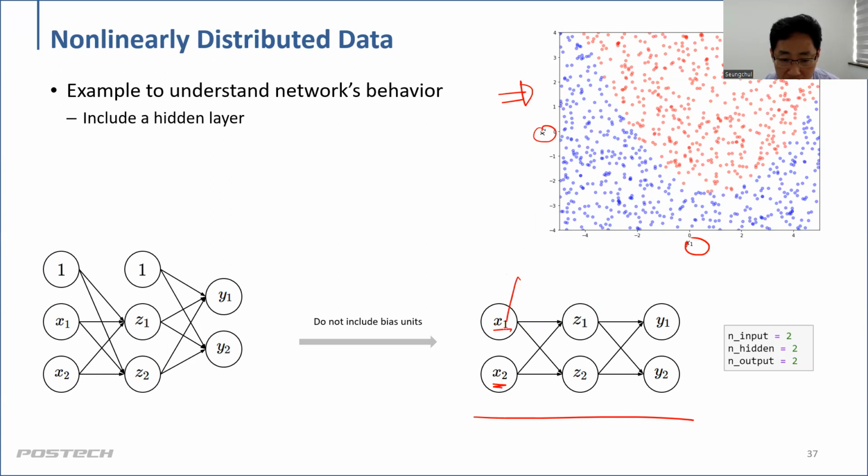Okay, let me ask, this is really important. How many classifiers can we get out of this structure? How many lines? We do have one line and another line.